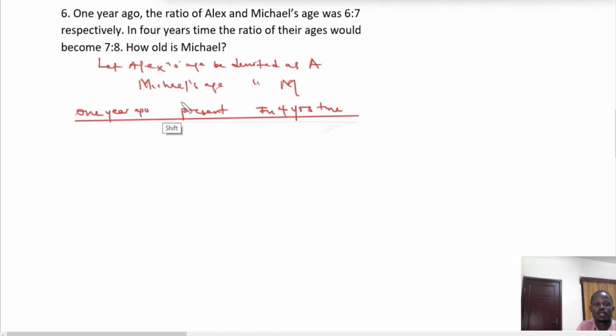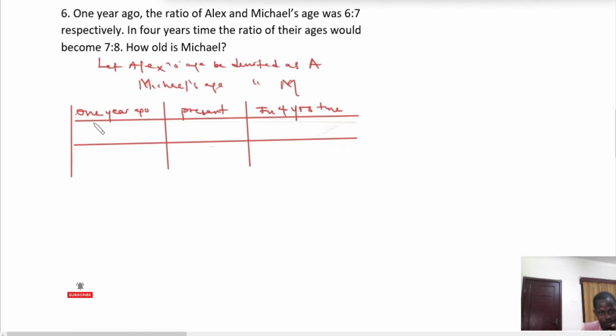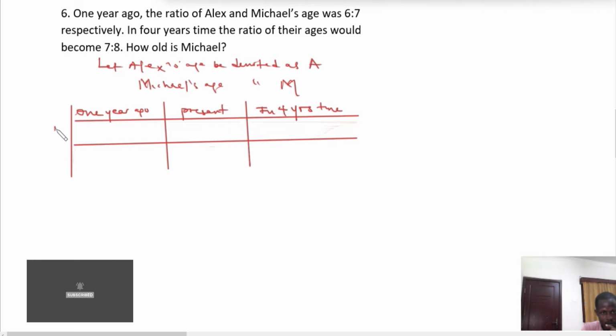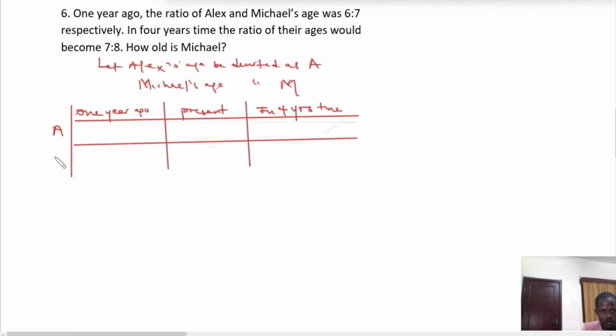Let's draw vertical lines, and then a horizontal line. So Alex over here, and here will be Michael's age.